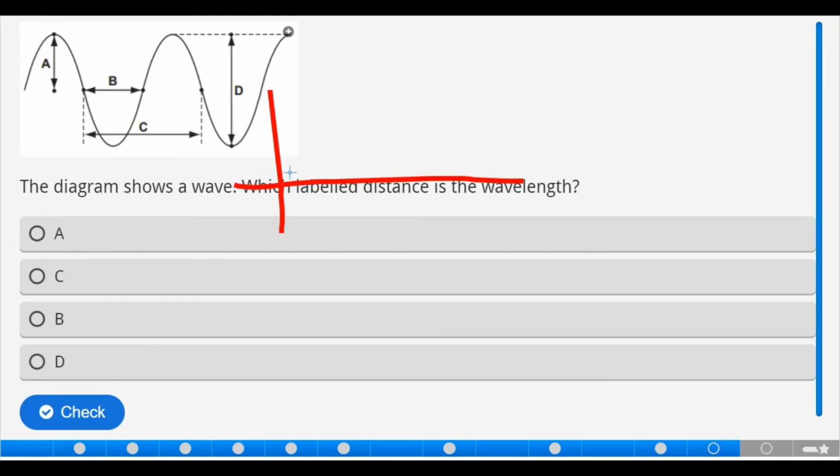You can choose between the starting point 0 here to this point, or you can choose between this point and this point. That makes a complete cycle.